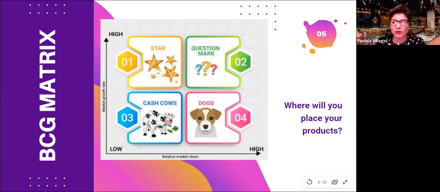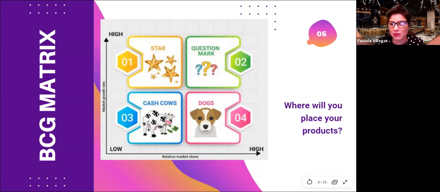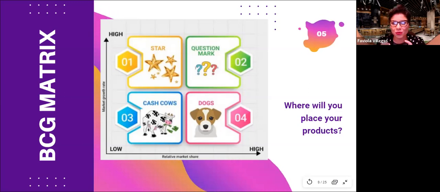The pregnancy clothing is good as a cash cow, and all the baby toys are bad as dogs, so you are not getting any profit from the baby toys. So you need to see in which quadrant you are with your products and services.